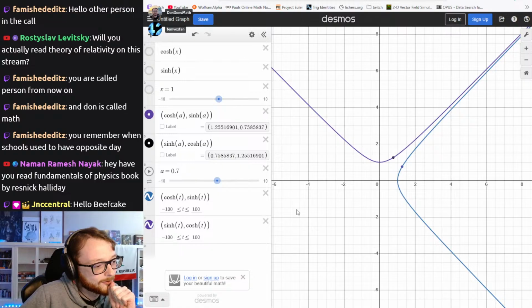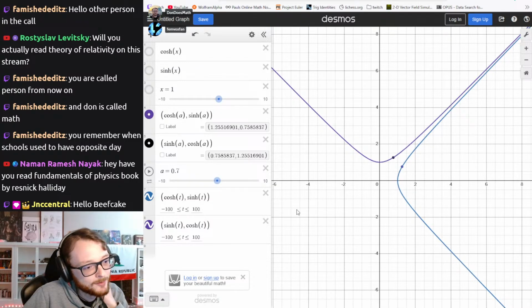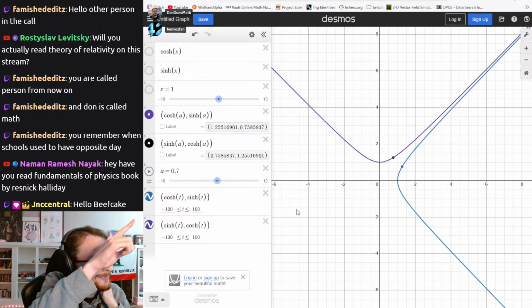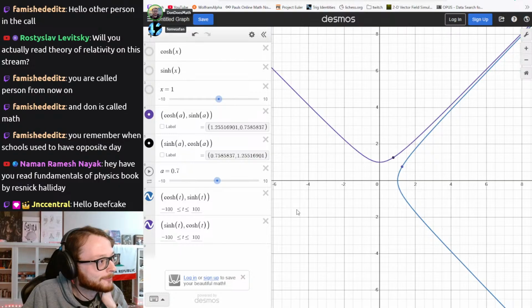Rostislav, that's the goal. Right now we're on special relativity. Naman, Fundamentals of Physics by Halliday, I have not read that. Oh, hi, famished. Yeah, I figured out how to get the Discord icons in the upper left, so you can actually see that Funbox is there now. I don't know how readable it is. Oh, wow, yeah, there's me.